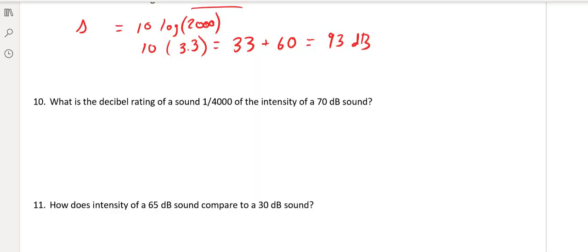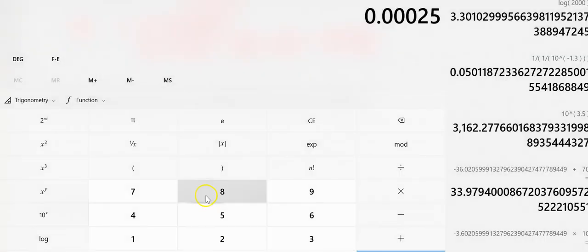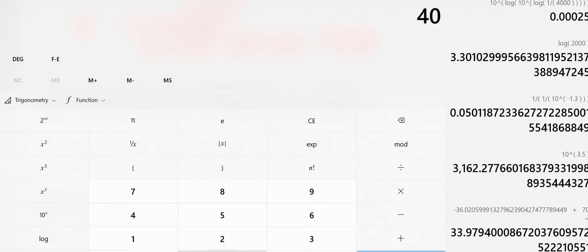All right, here we have 1 over 4,000 the intensity, from 70 dB. So we're going to be getting quieter. So what we need to do is take the log of 1 over 4,000. If we go back to the calculator, we take 4,000, and we can take the reciprocal of that. That's 1 over 4,000. And then we want to take the log of 1 over 4,000.